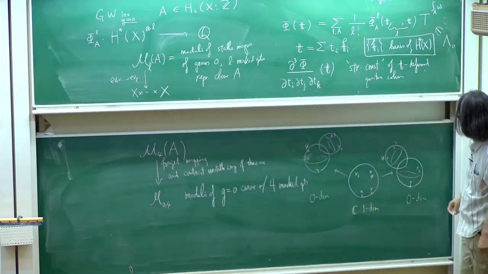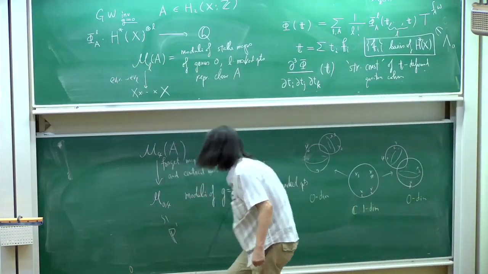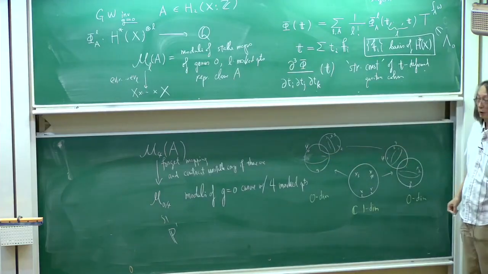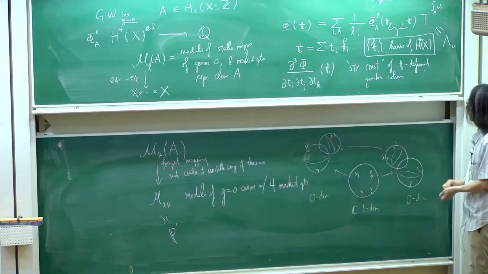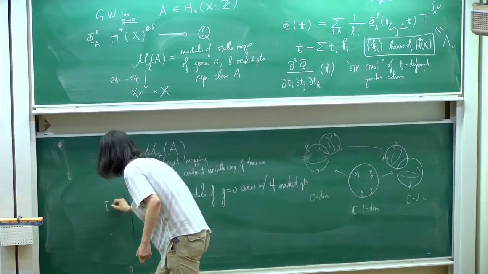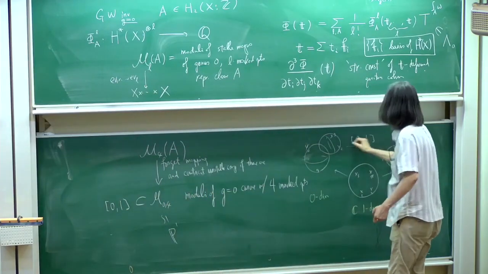And then this one is actually the same as P1. So you have 2 points in P1, and therefore you just join them by a path, an interval. So here I have a path, maybe 0, 1, joining them.